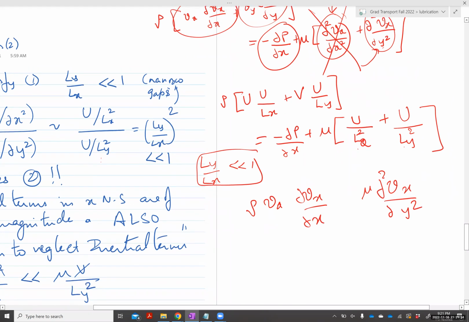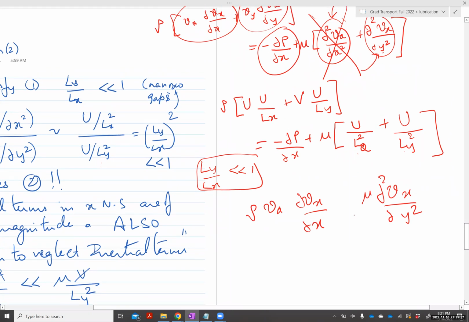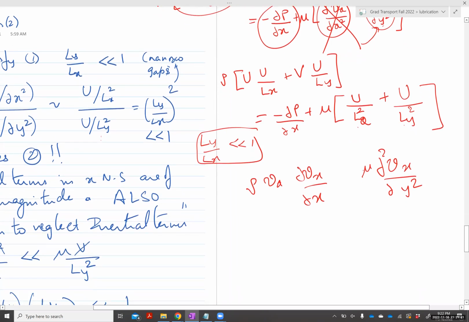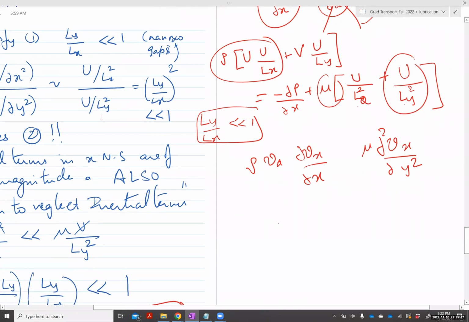Let's take the ratio of those two terms. That is rho times u squared divided by Lx, divided by mu u divided by Ly squared.